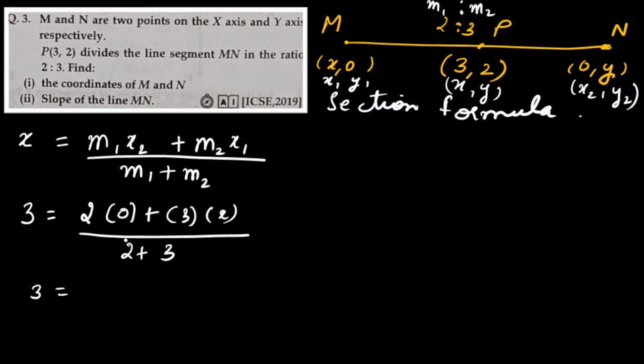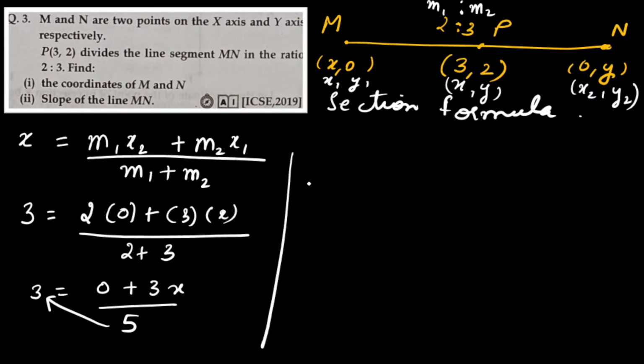So 3 equals 2 into 0 is 0, plus 3 into x is 3x, by 5. We shift 5 to the other side, where it gets multiplied: 3 into 5 is 15, equals 3x. Now shift 3 to the other side, where it gets divided.